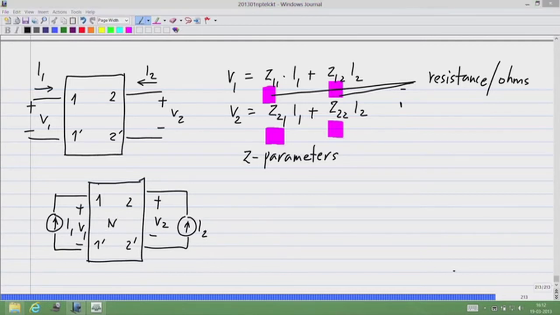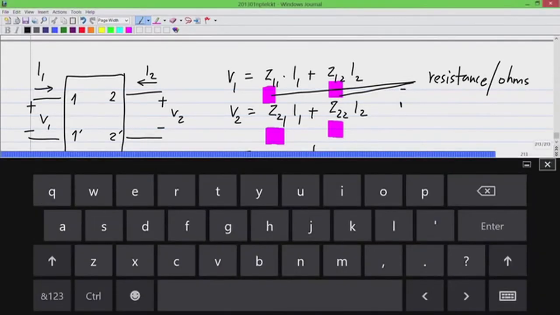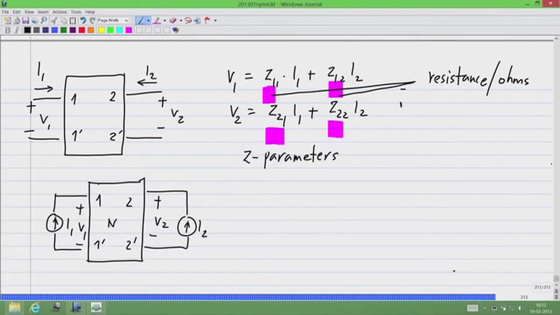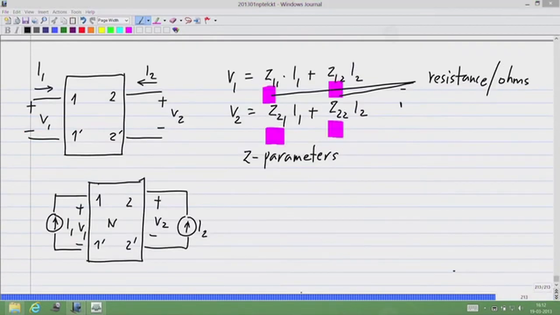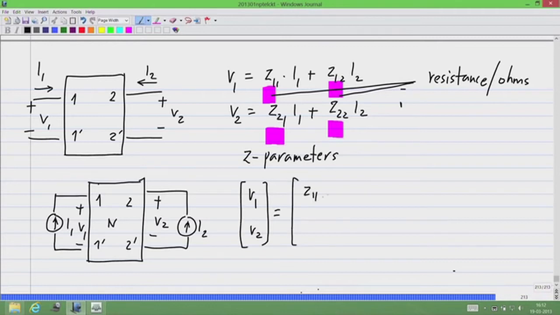Now, the same thing can be written in matrix form. Okay, times I1 and I2.